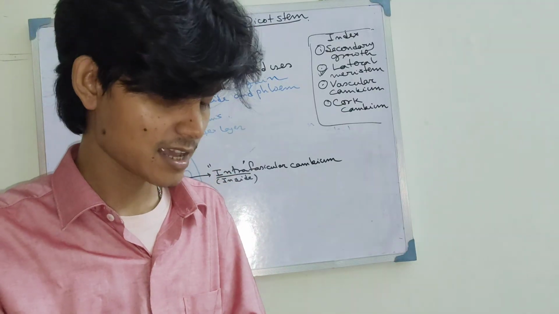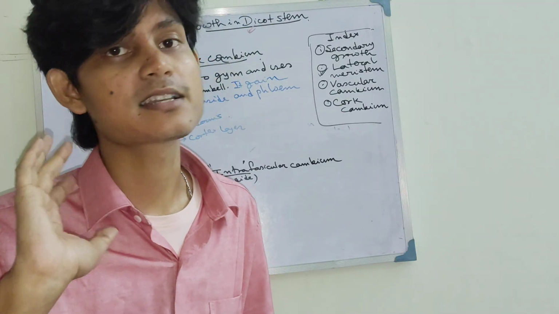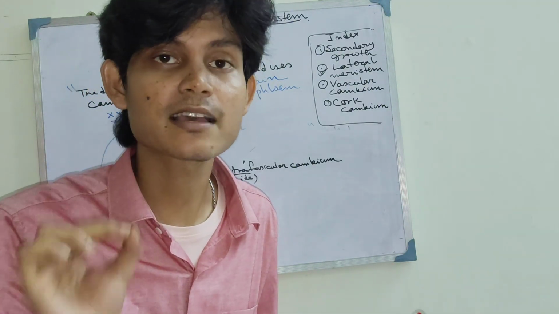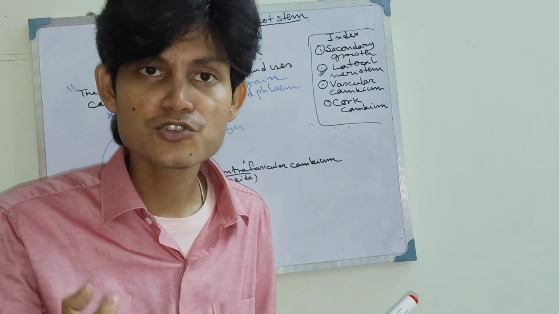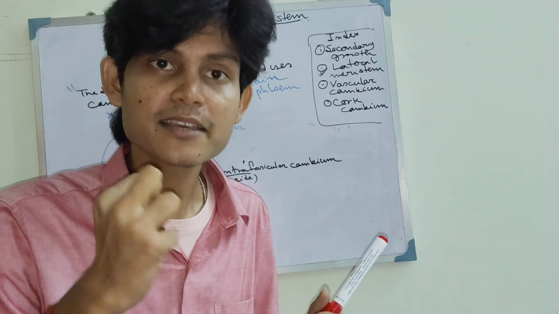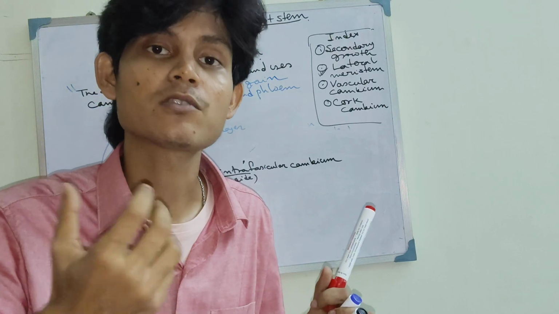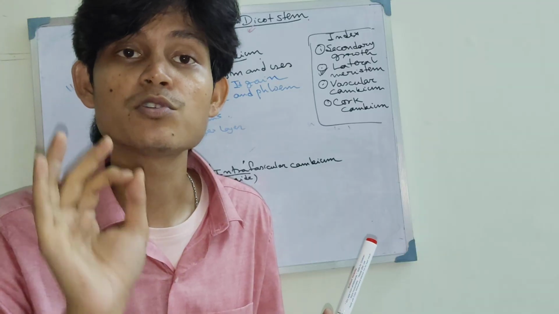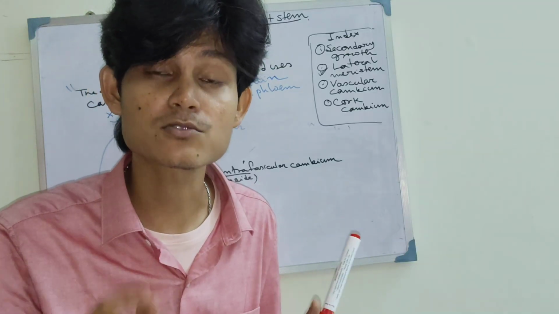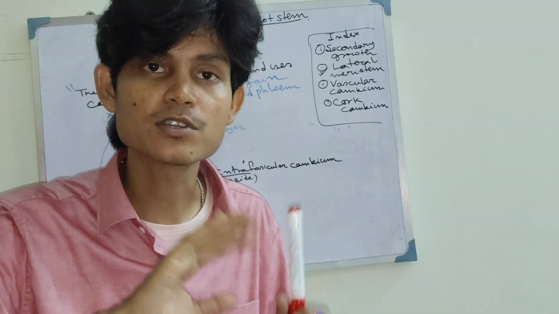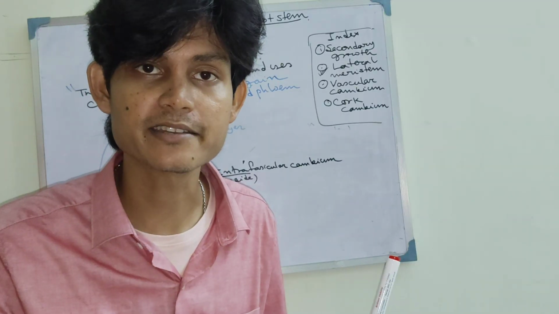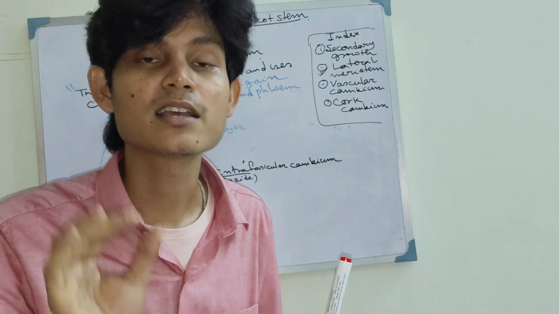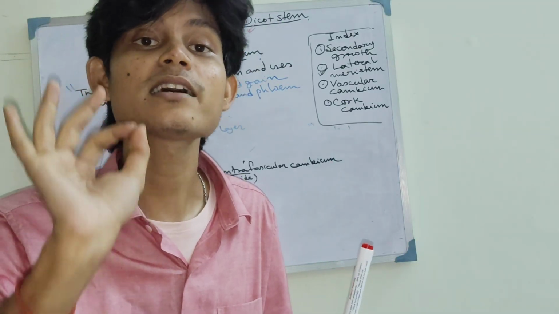Now there is a chapter called plant growth and development where we learn about dedifferentiation. What is dedifferentiation? A differentiated tissue is one that lost its capacity to divide and gained a particular characteristic to perform a particular function. When this differentiated tissue regains its capacity to divide and forms other tissues, it is called dedifferentiation.